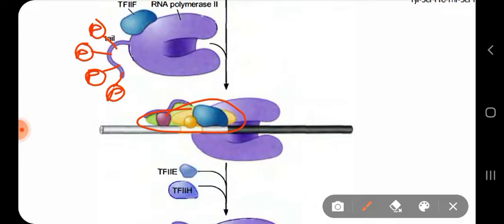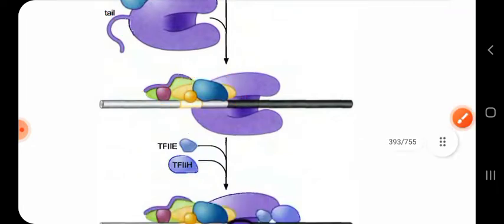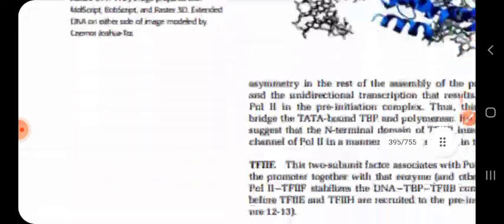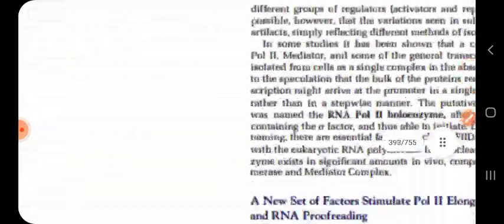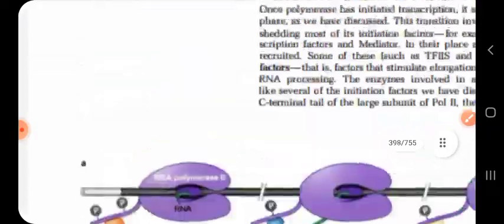So before attachment of TF2H and TF2E, we need a stable binding of the DNA TBP TF2B complex, and that is maintained by TF2F. Okay. Well, I hope you have understood what I have said.